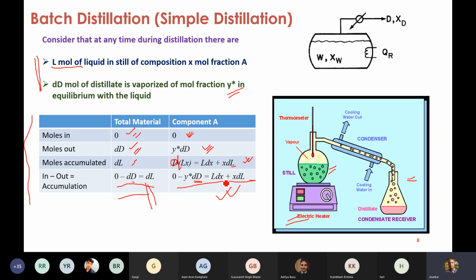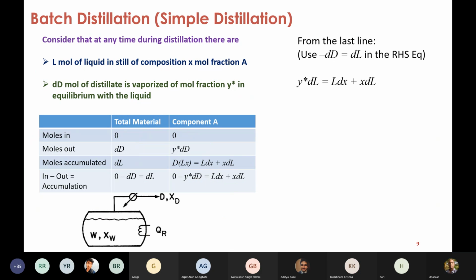So y star dL will be equal to LdX plus XdL. That upon rearrangement actually will get the Rayleigh's equation. So now you can rearrange and integrate.